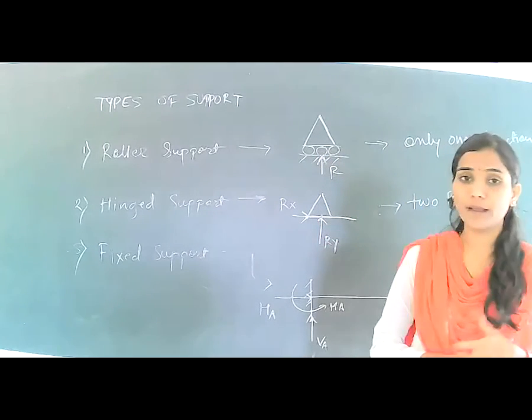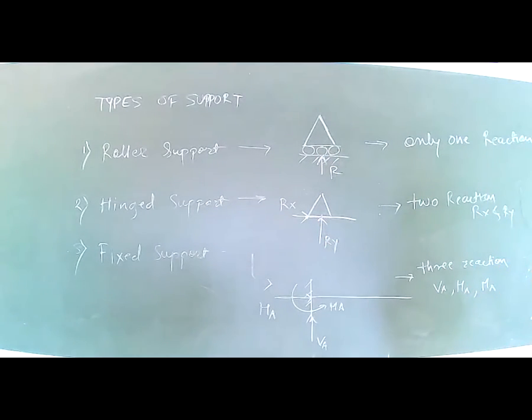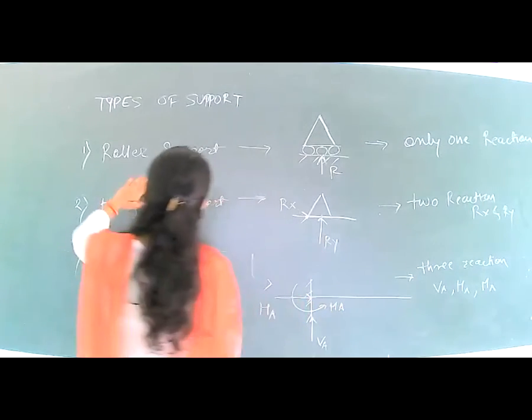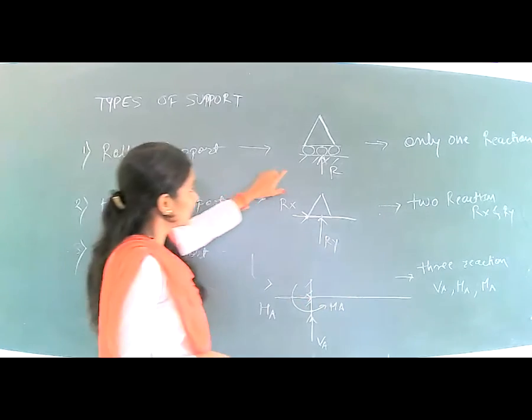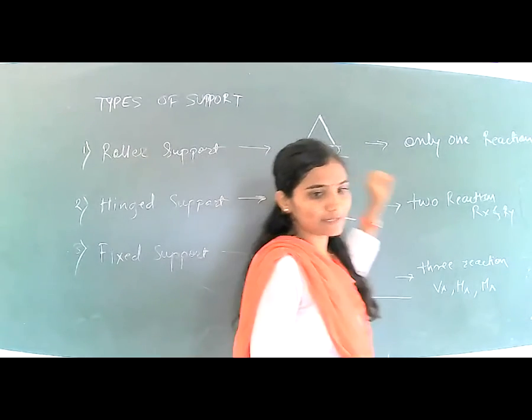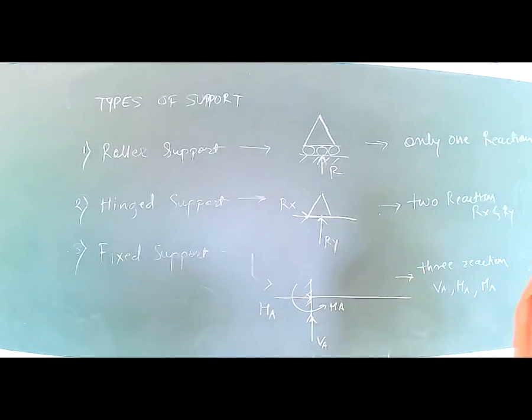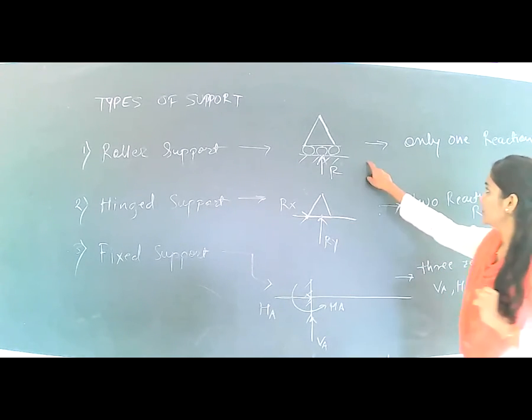Now we have to see the second portion, that is type of support. On the blackboard, you have to see these three types of support. First one is the roller support. You can see in the diagram, the roller support has only one reaction, which is always normal to the contact surface.